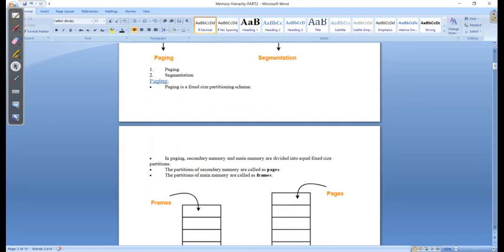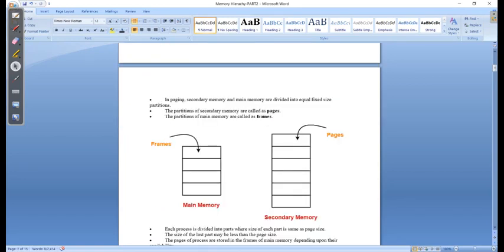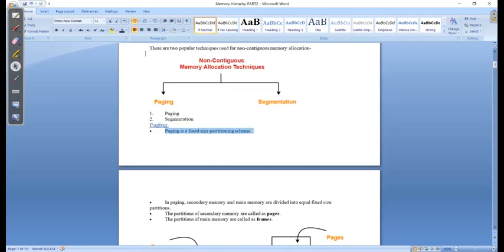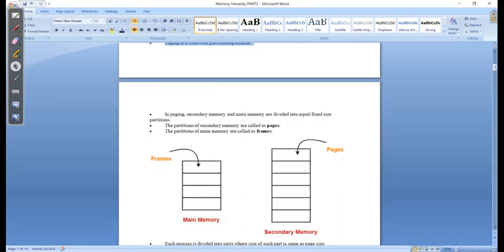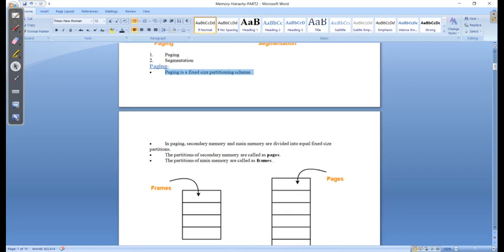If you have gone through the note, you might have observed that paging is basically a fixed size partitioning scheme of the main memory as well as secondary memory. Now, how is this page partitioning done?